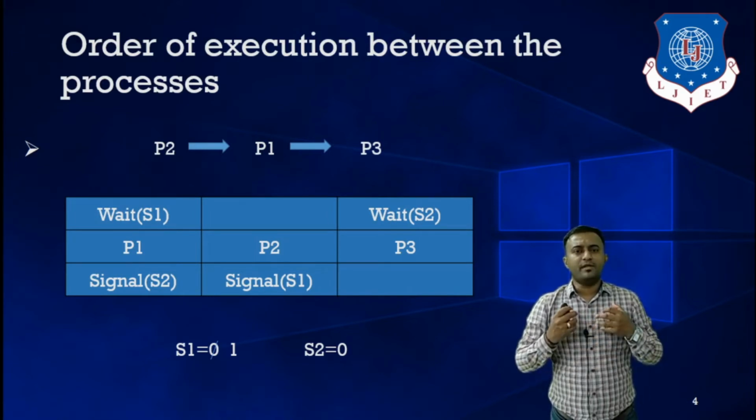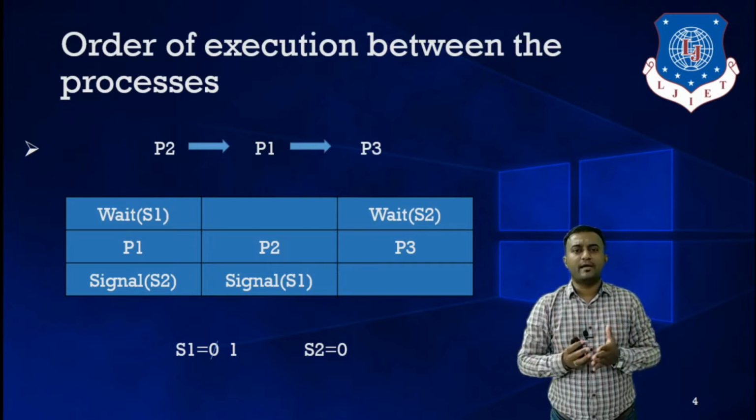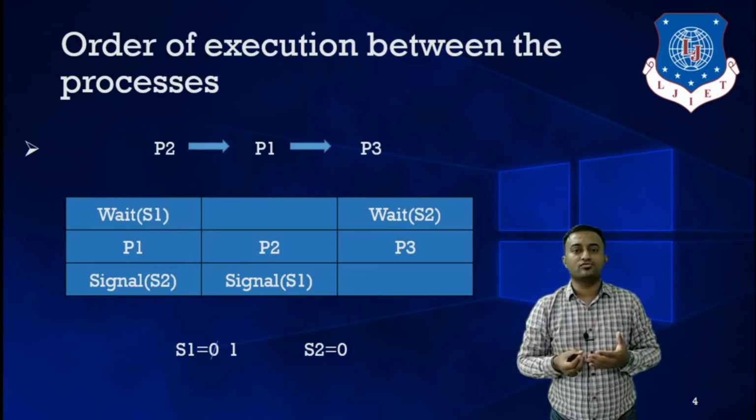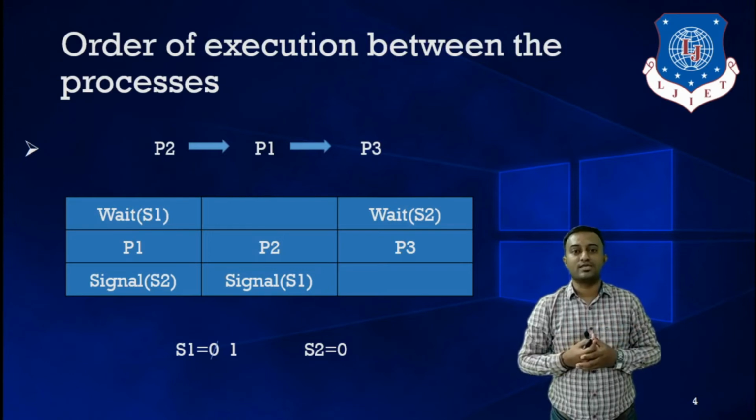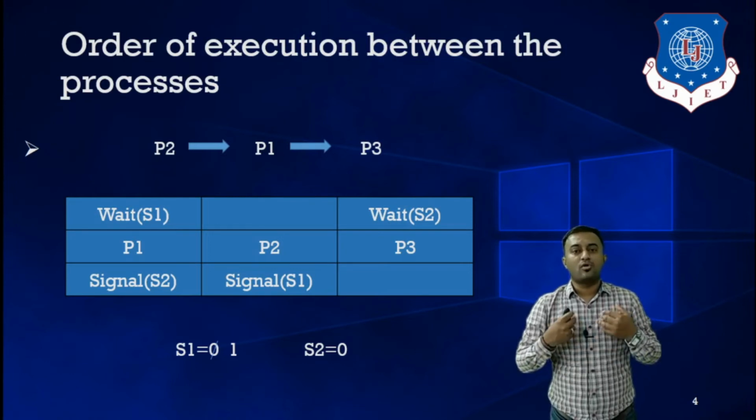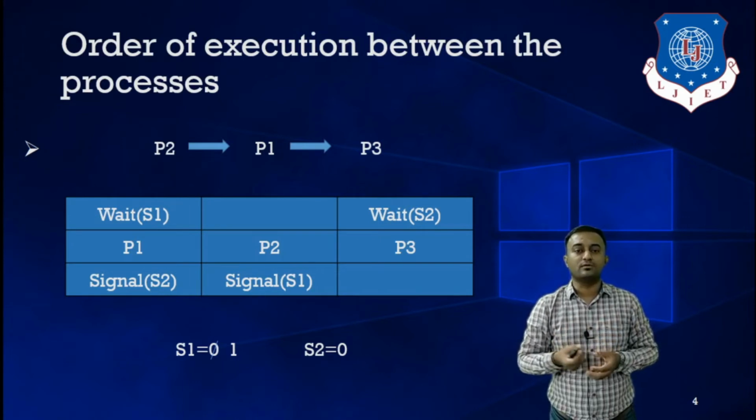Every process has its own process ID, and they have equal rights, or we can say privileges, for having resources for execution. So how will these processes be scheduled for execution?